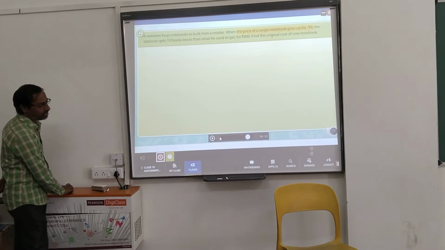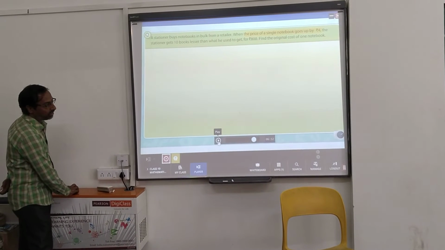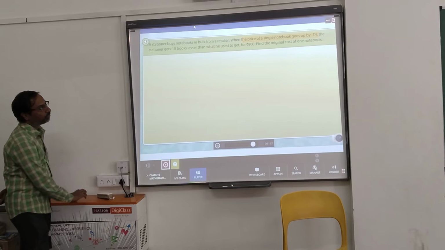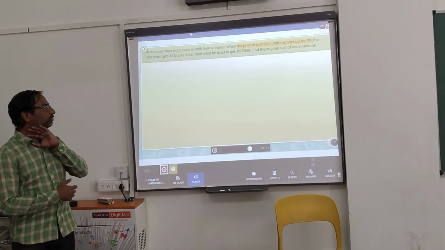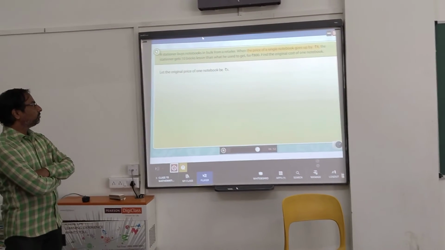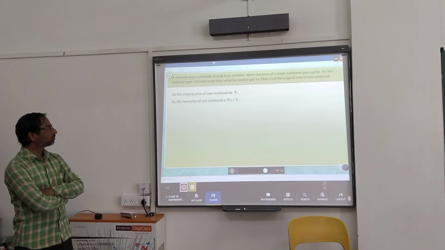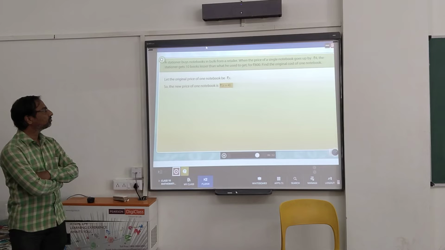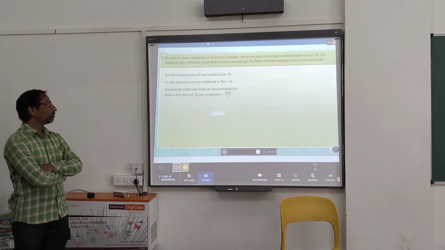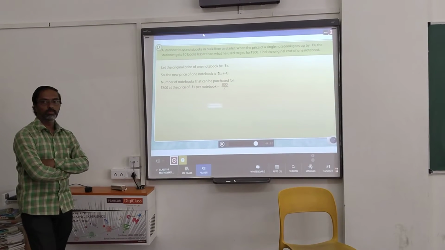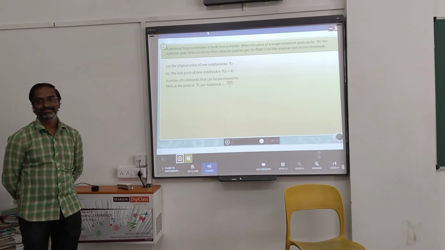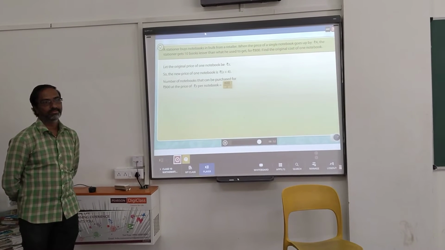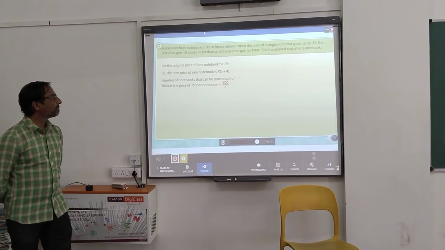The price of a notebook increases by 4 rupees. Let's take the original price of a notebook as x rupees. Then the new price of a notebook will be x plus 4 rupees. The number of notebooks that can be purchased for 800 rupees at the old price will be given by 800 divided by x.